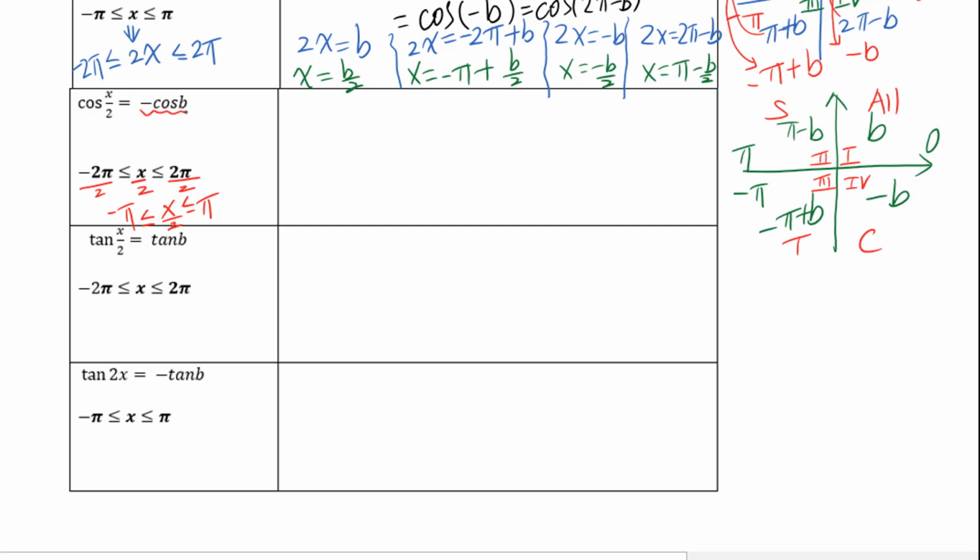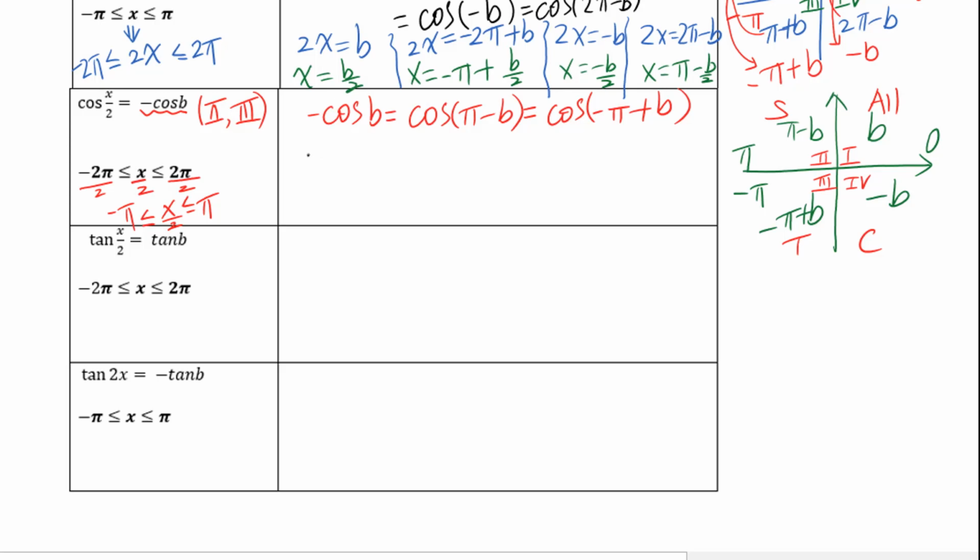For negative cosine b, let's go to the second and then the third quadrant. So you have negative cosine b equals cosine pi minus b, or cosine negative pi plus b.